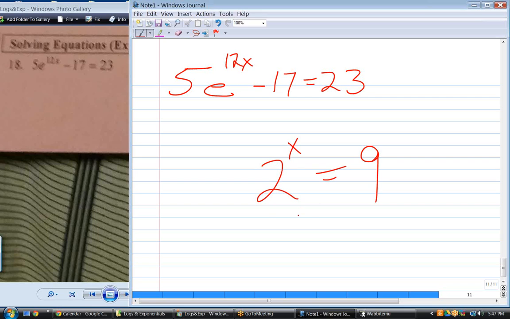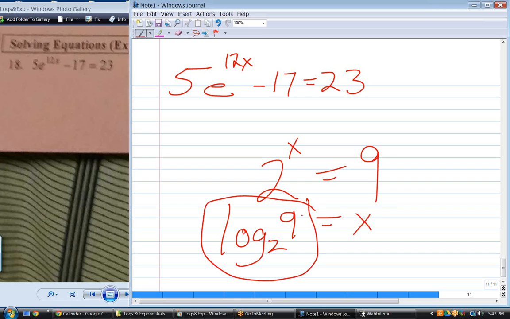Write the logarithmic expression of 2 to the x equals 9. Log base 2 of 9 equals x. Correct. So we can solve it because I can get that number out of my calculator.